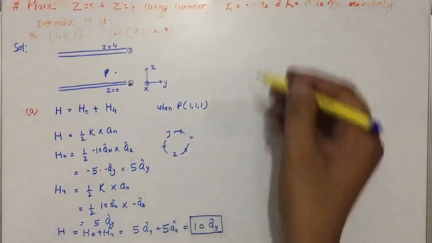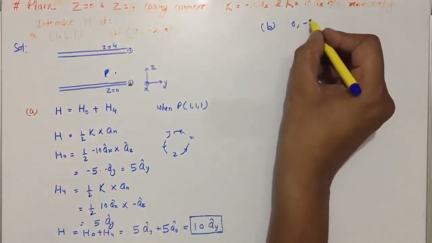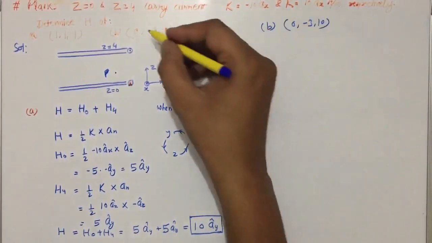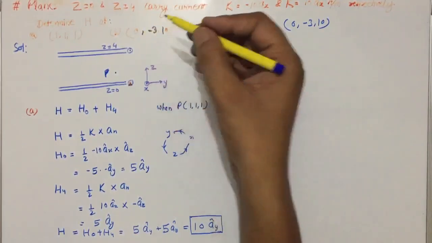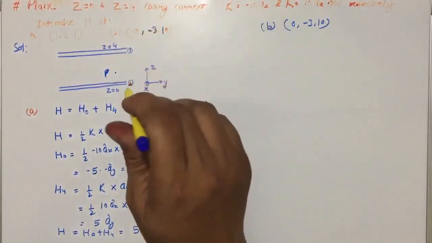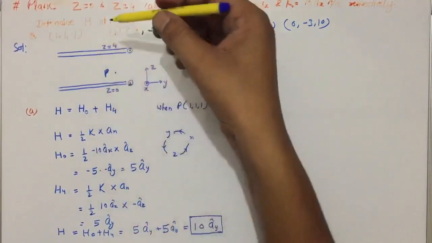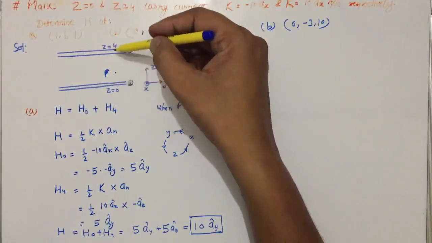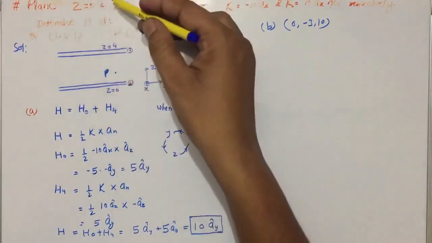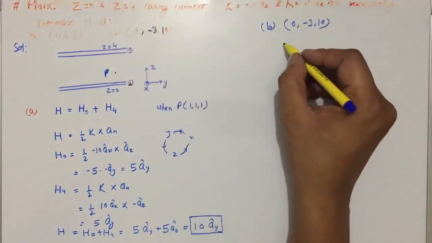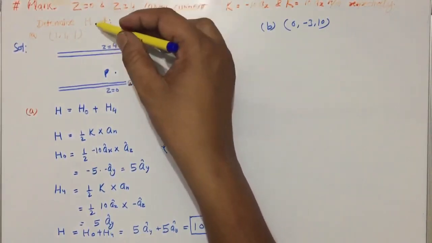Okay. Now consider case B, where the point of interest is 0, -3 and 10, as it is written here. In this case, Z is equal to 10. So the point is lying somewhere outside of these planes, somewhere here. For example, the point of interest in this case is here.